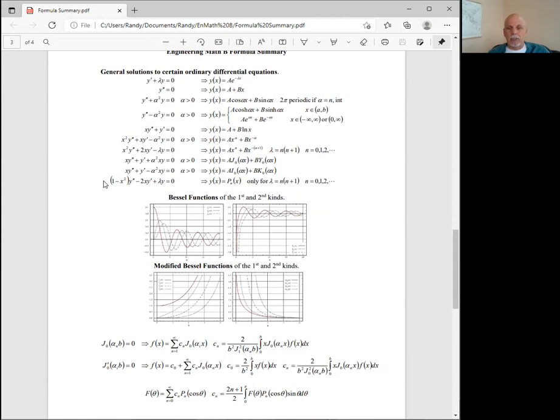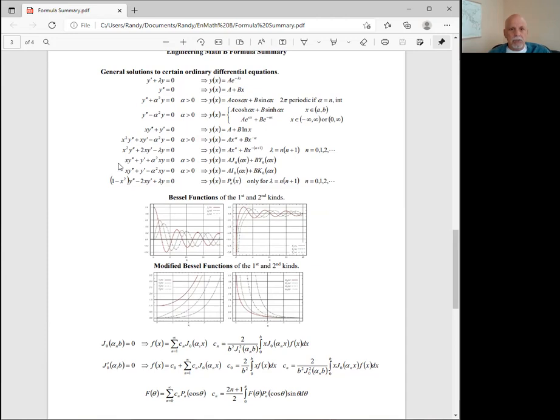This last one is the Legendre equation, and we only list Legendre polynomials, which are particular solutions, because when we use them for partial differential equations, we'll always reject the other solution to the Legendre equation because it will violate some kind of boundary condition or condition imposed on the solution.